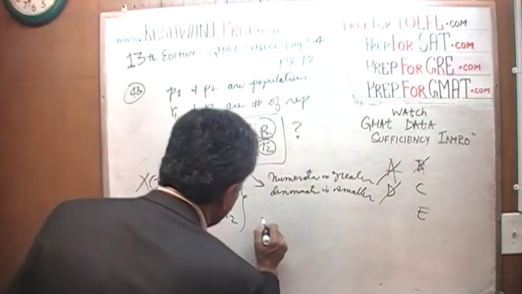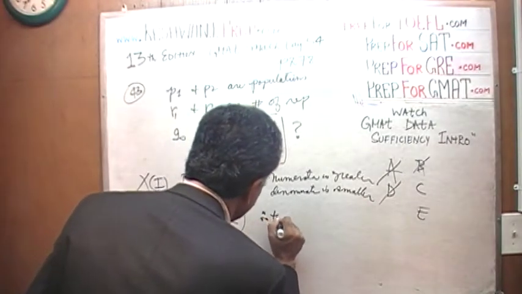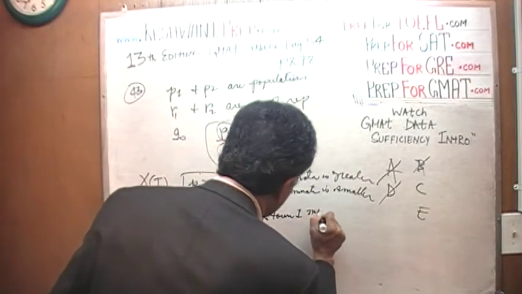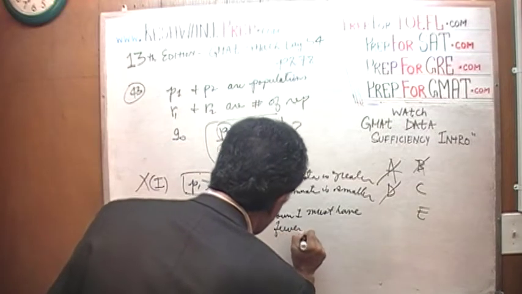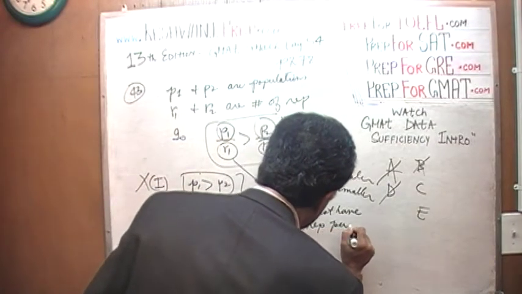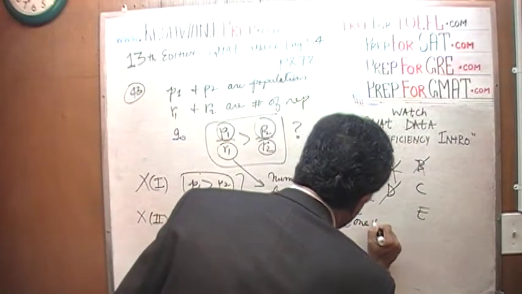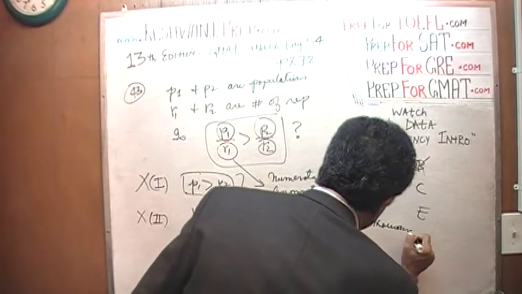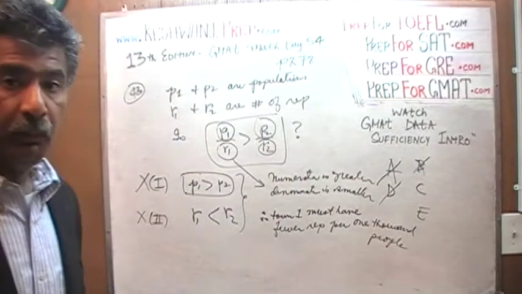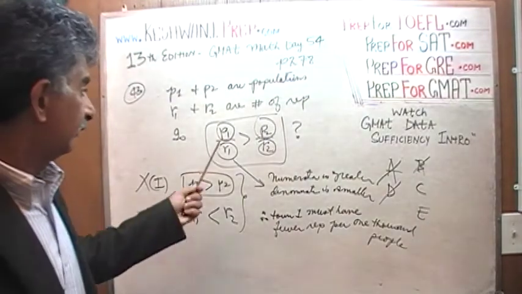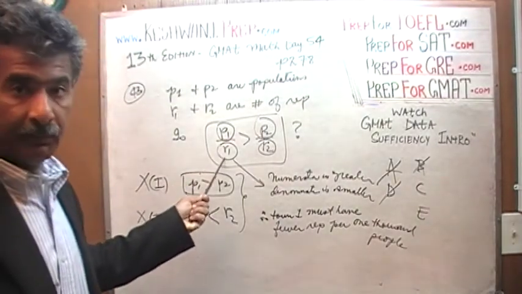Therefore, town 1 must have fewer representatives per 1,000 people. It must have fewer representatives per 1,000 people because it's got a greater population and fewer representatives.